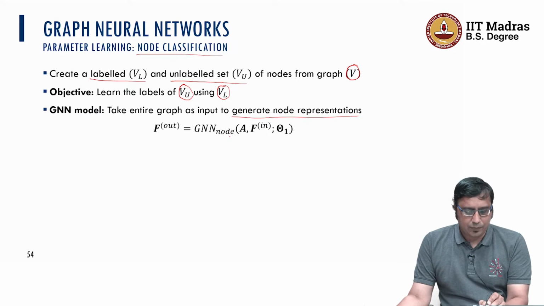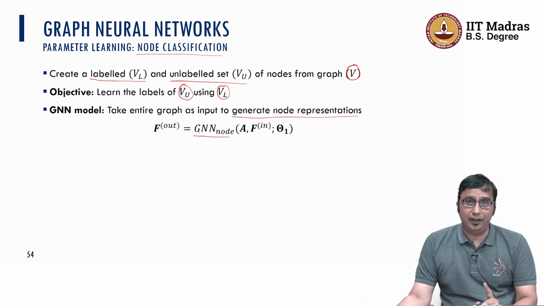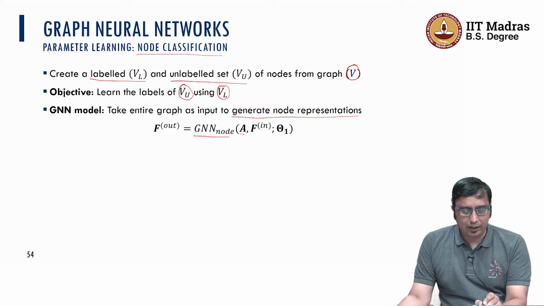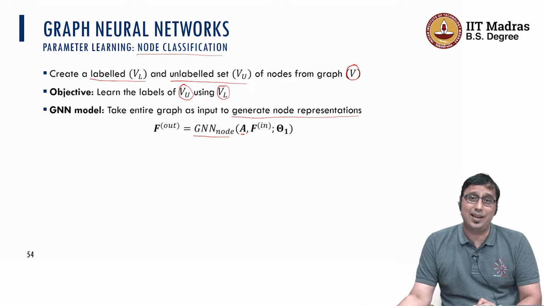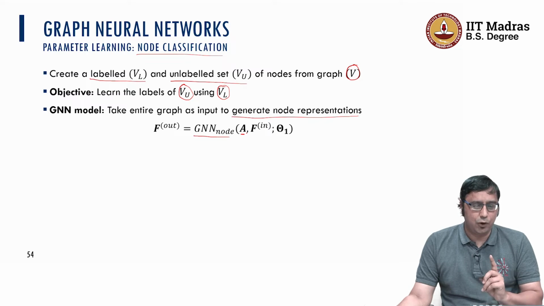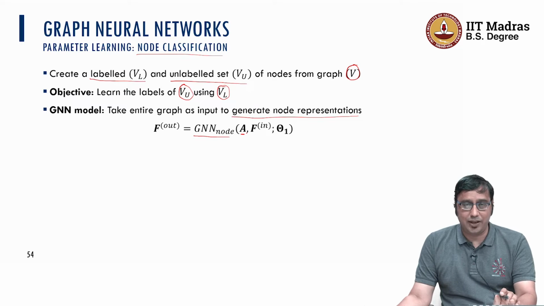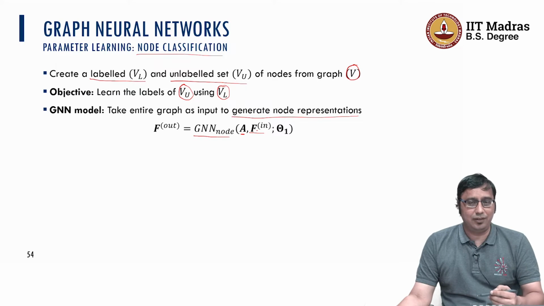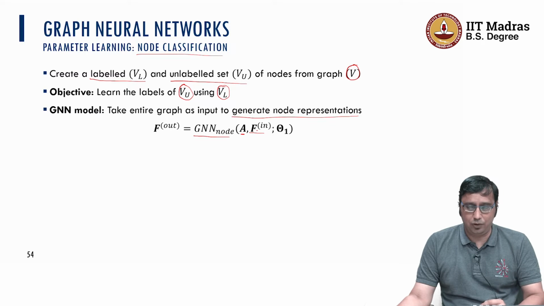We are going to apply GNN, indicating that we are applying graph neural networks to generate node features, where we have A, which is the adjacency matrix. Recall that in node classification, we do not change the adjacency matrix compared to graph related tasks. So in a node related task, the structure is not changed. Fin is the input feature matrix corresponding to all the nodes, and theta1 are the parameters of those.